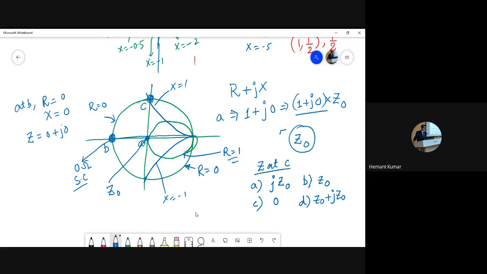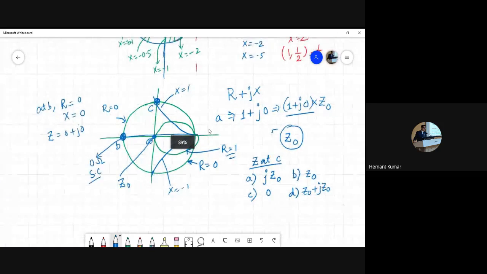At point C, what is the value of R? R is equal to what? And also calculate the value of X. Once you calculate R and X, you just need to multiply it with Z naught for calculating the total impedance, because initially we assumed normalized impedance, right?